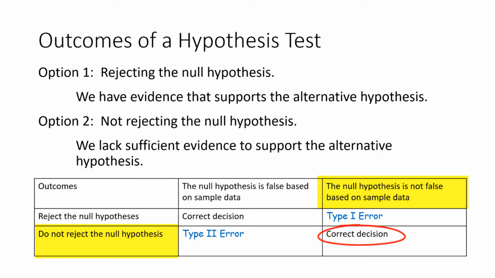We can also have two types of errors. A type 1 error is when the null hypothesis is not false based on the sample data, and we reject the null hypothesis anyway. And a type 2 error is when the null hypothesis is false based on sample data, and we do not reject the null hypothesis.